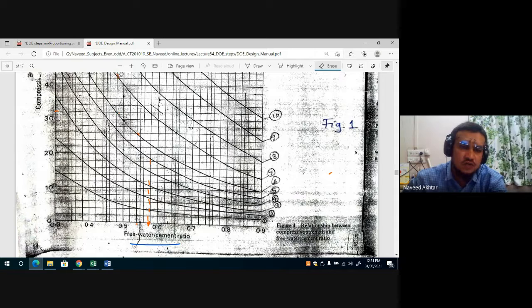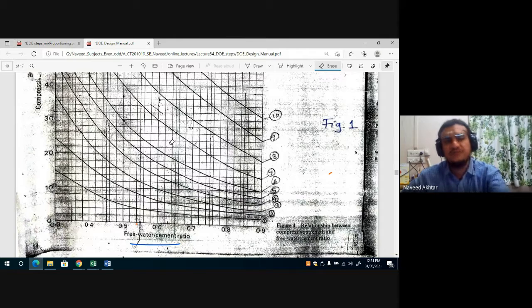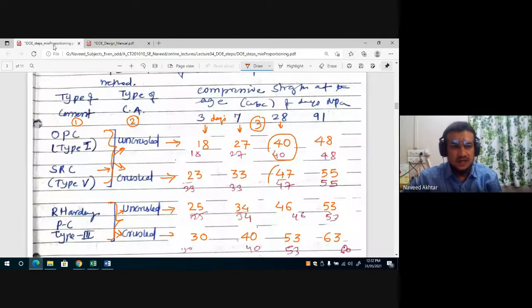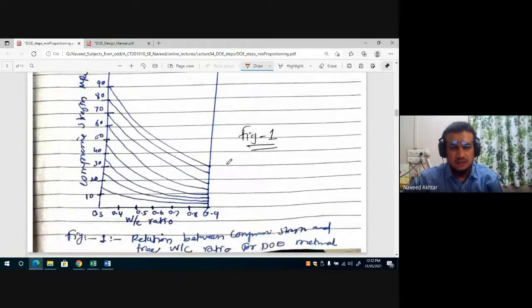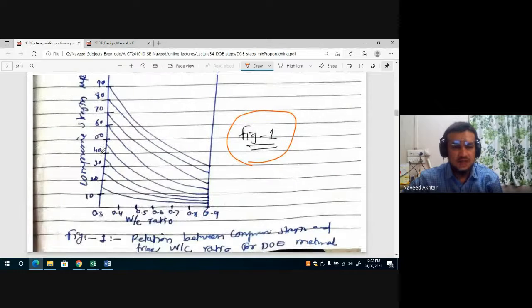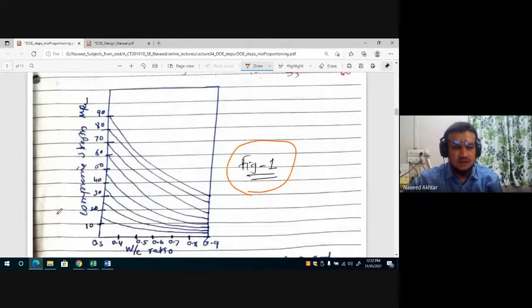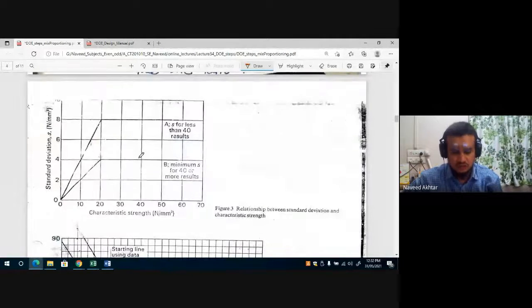So you have to use the table as well as the graph to find out the free water to cement ratio from step number 2. So figure number 1, as you have seen in the manual, and from this graph of the compressive strength you can find out your number.